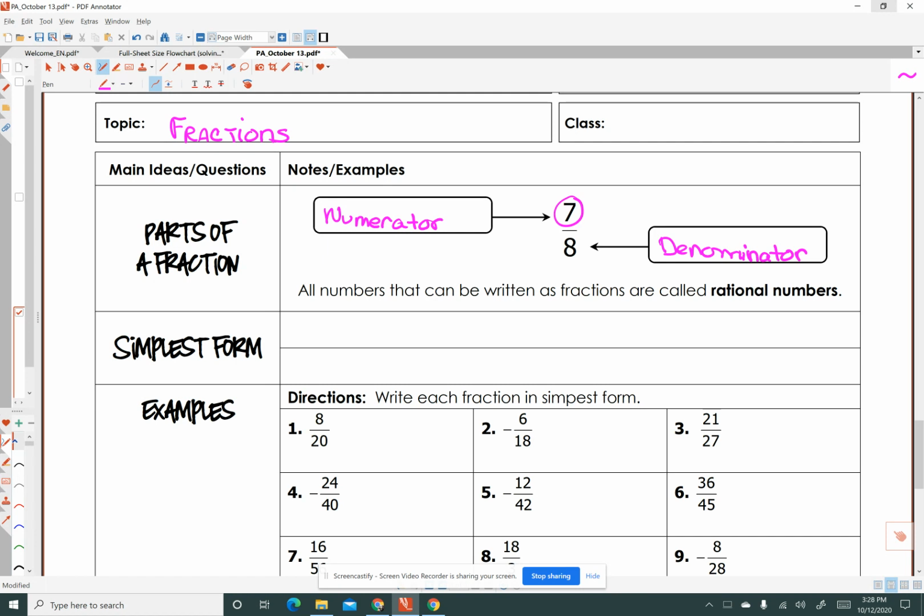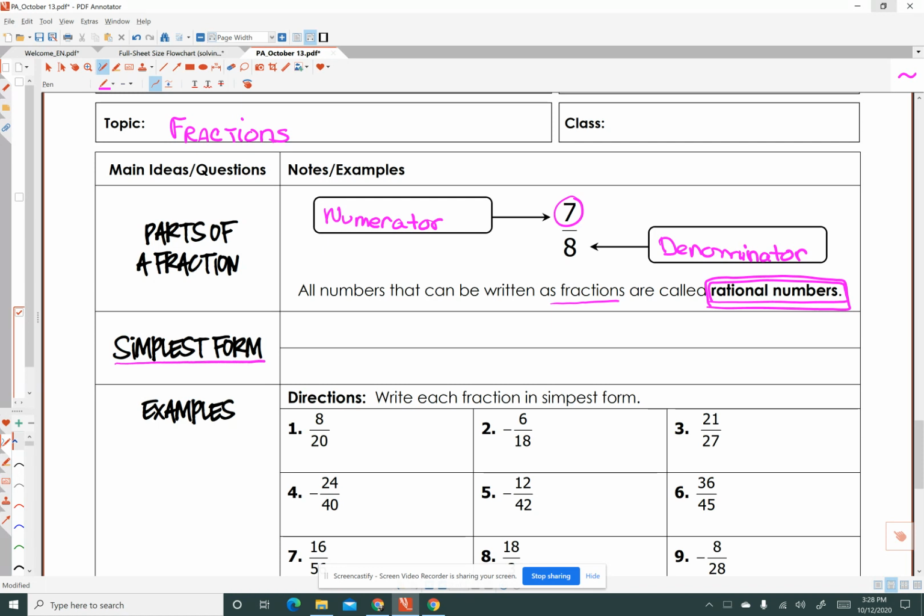So all numbers that can be written as fractions are called rational numbers. We call them rational numbers. Numbers that can be written as fractions are rational numbers. So we also can have the simplest form of a fraction.